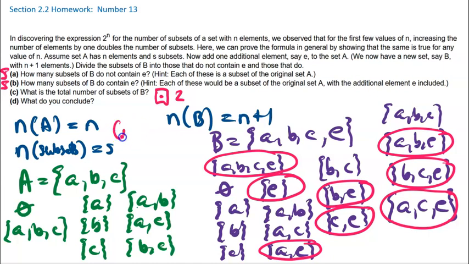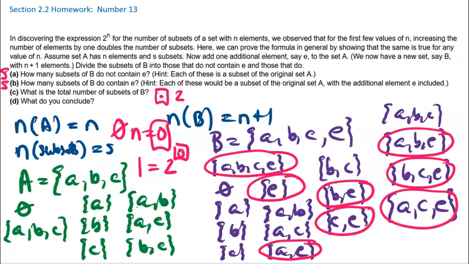So you will type in 0. And it has exactly 1 equals 2 to the 0 subsets. Since the previous step showed how the number of subsets increases with each increase by 1 in the value of n, the general formula for any value of n must be 2 to the n subsets.